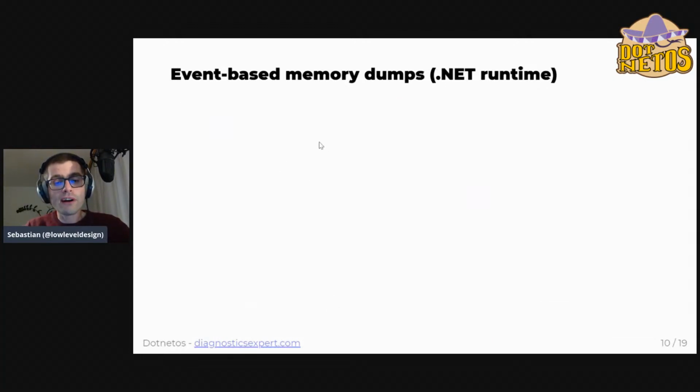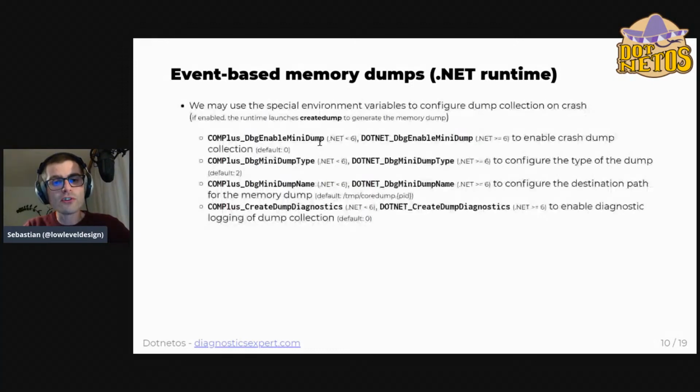And apart from the tools that I already mentioned for creating event-based memory dumps, the tools I will call native tools, we have support in the .NET runtime for automatically creating a memory dump when the .NET process crashes.